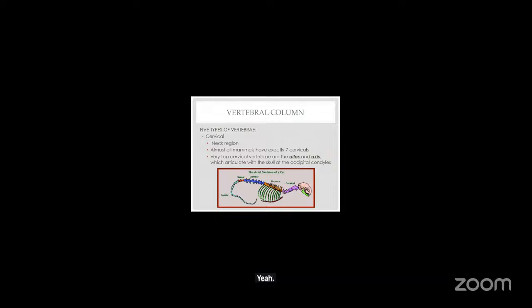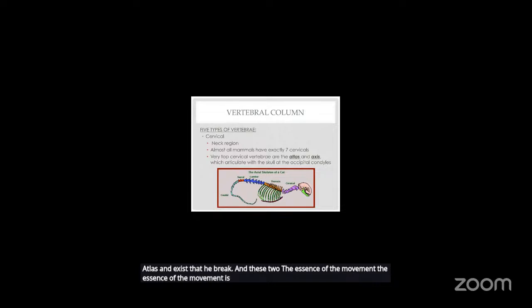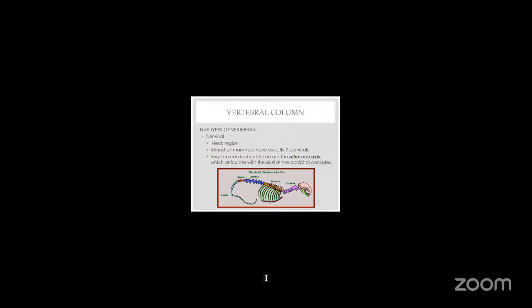Atlas and axis vertebrae. The essence of the movement of these 2 is to allow for nodding of the skull, bringing it down, and also allow us to take sideways glances.